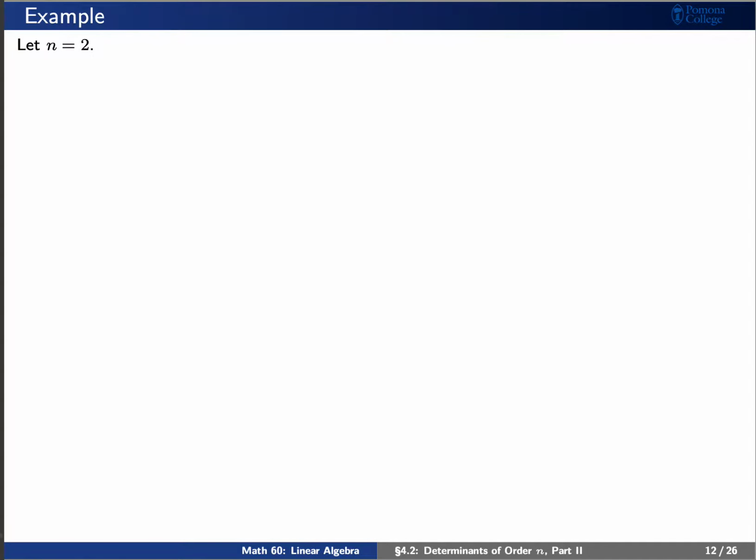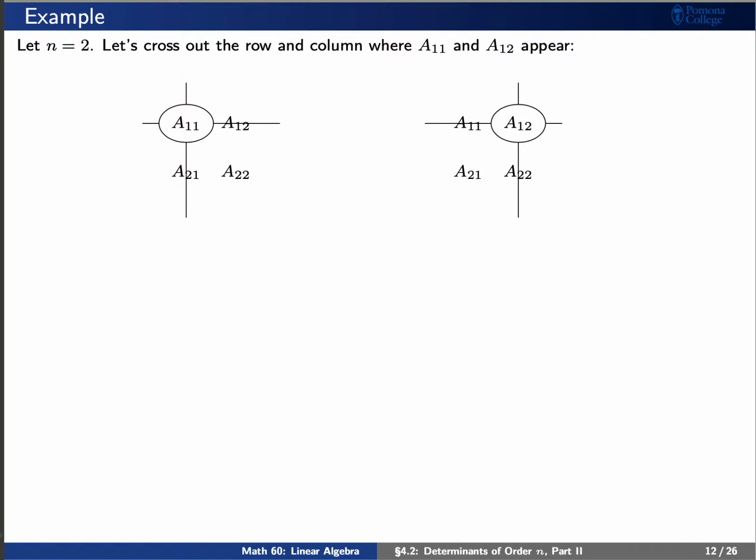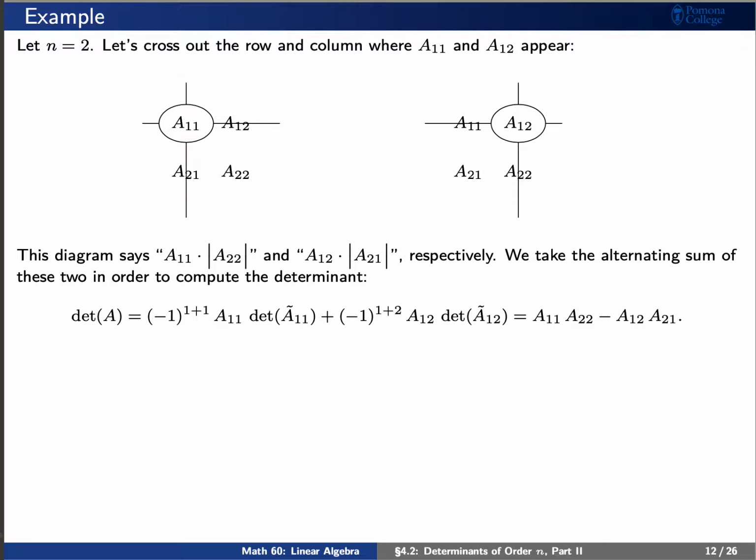Let's say that n is equal to 2. We can cross out the first row and the first column, and then consider where we have A11 and A12. In this case, using the definitions on the previous slides, we see that the determinant of A is A11 times A22 minus A12 times A21.